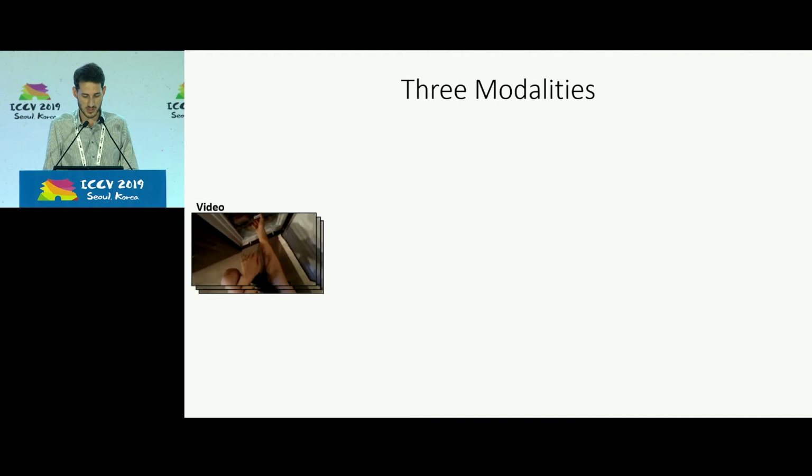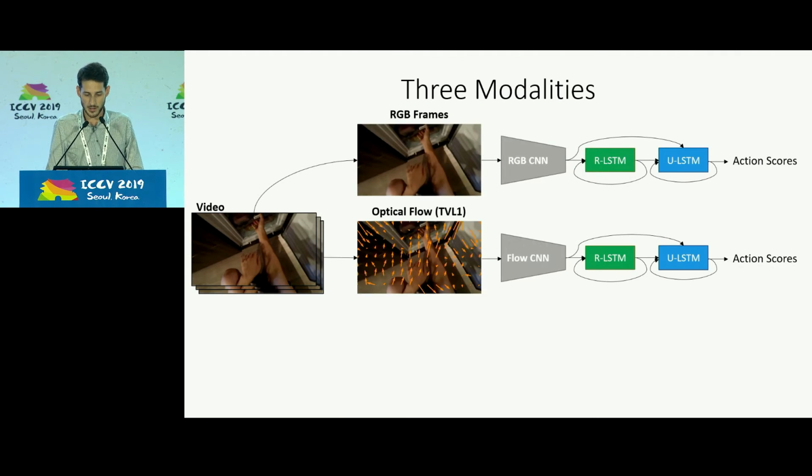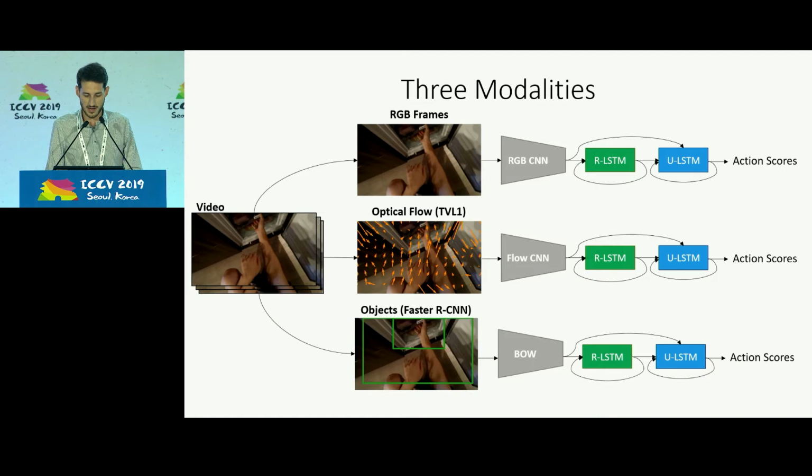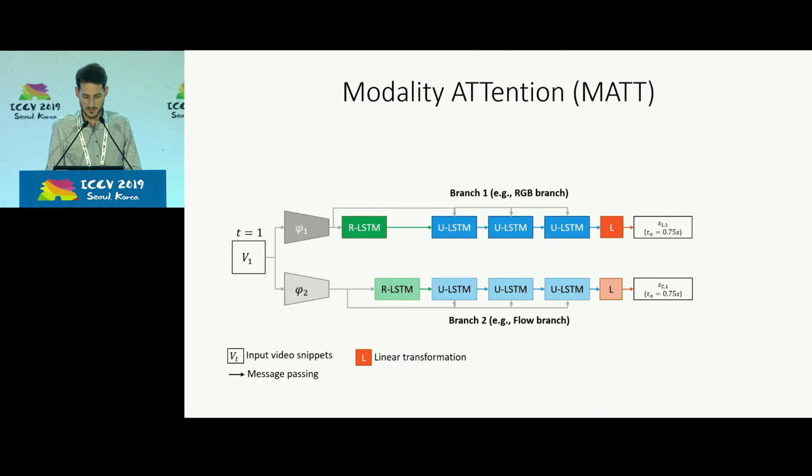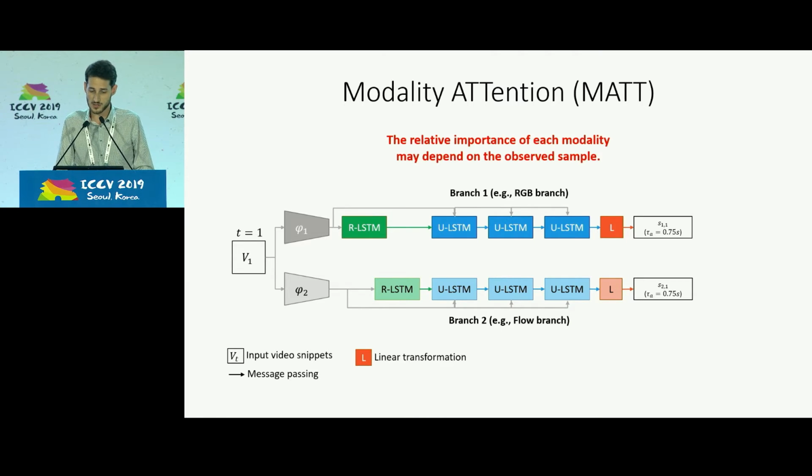Following previous literature, our model processes the video according to different modalities. In particular, we consider RGB frames, optical flow, and object-based features obtained by running a Faster R-CNN on the input frames. We train an instance of our rolling architecture on each modality to obtain modality-specific action scores. We argue that in the case of action anticipation, the relative importance of each modality might depend on the observed sample.